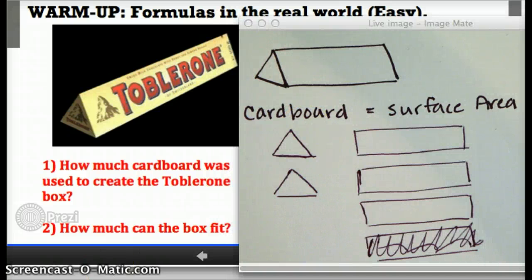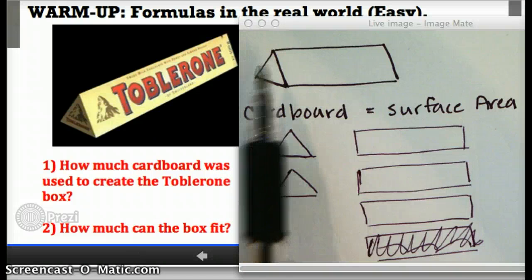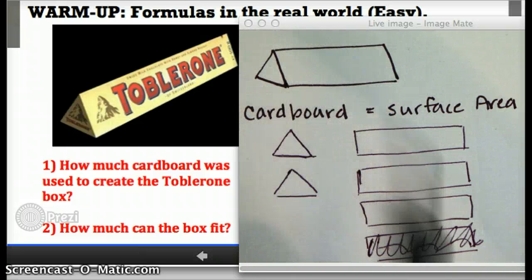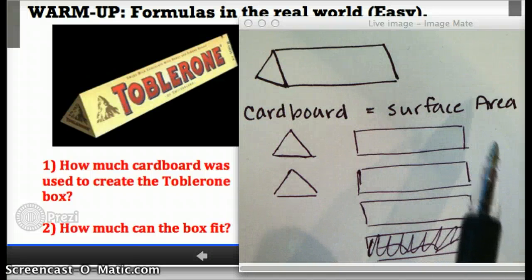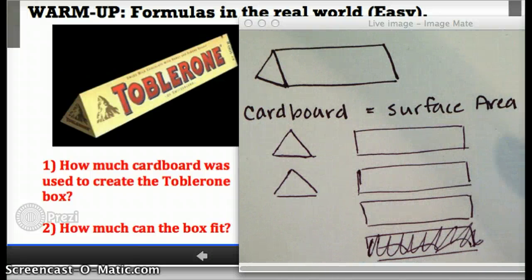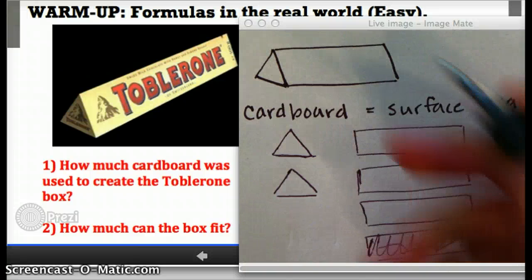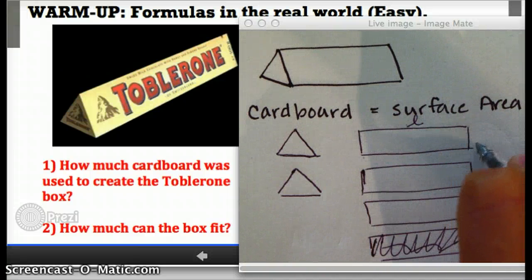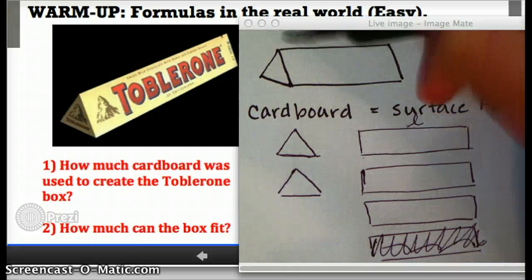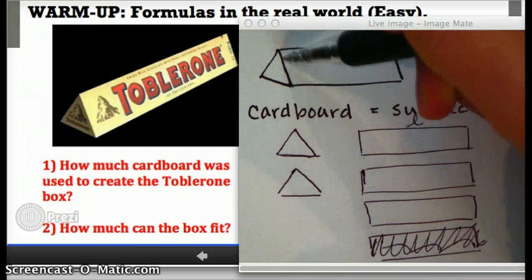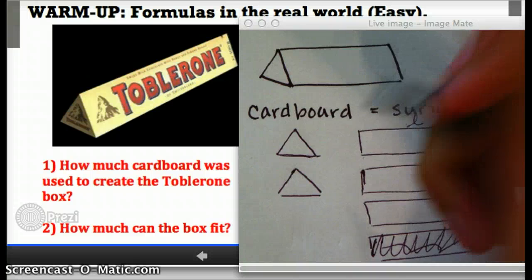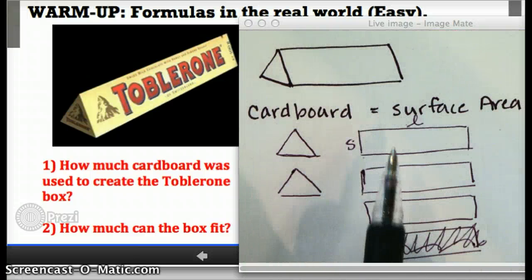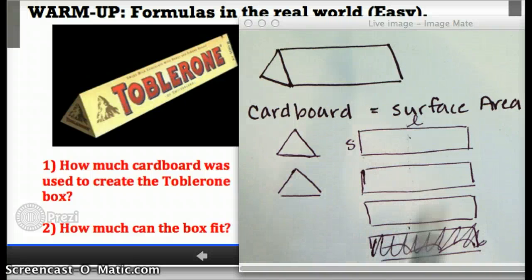For example, to create this box, I would have 2 ends that are triangle shapes and 3 sides that are just rectangle shapes. And so to create a formula for this, I'm going to need to know the length of this rectangle, and I'm going to need to know its height, but the height of the rectangle, if you look in the box, is the same thing as the side of the equilateral triangle, so I'm going to call that S. And now we can write an equation for the area of the 3 rectangles.